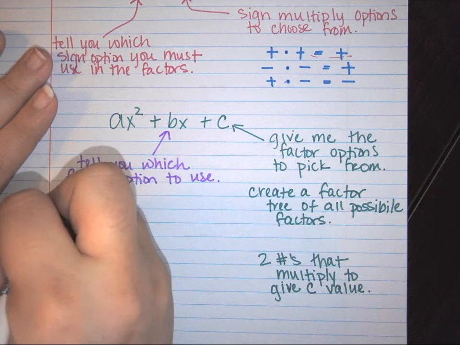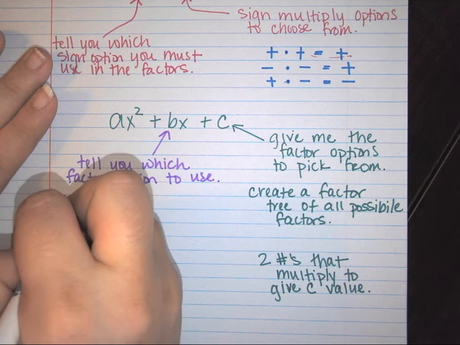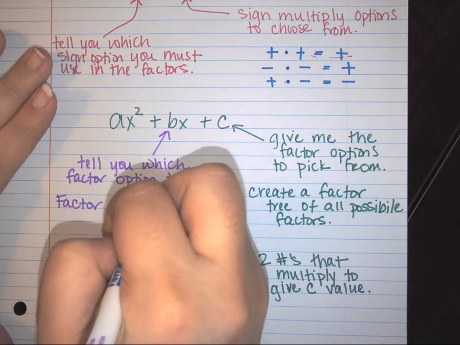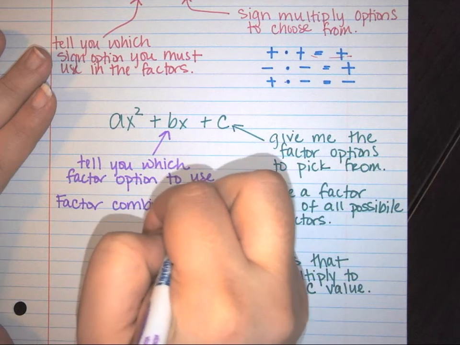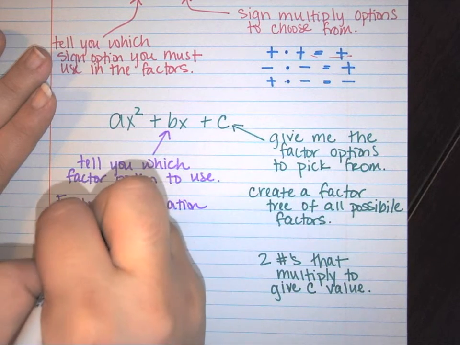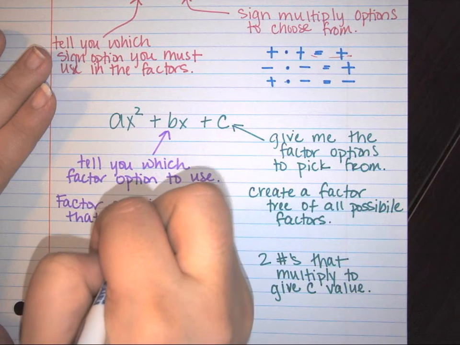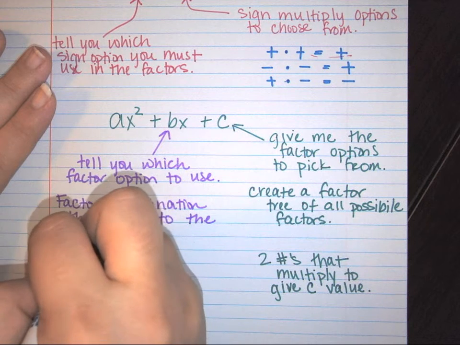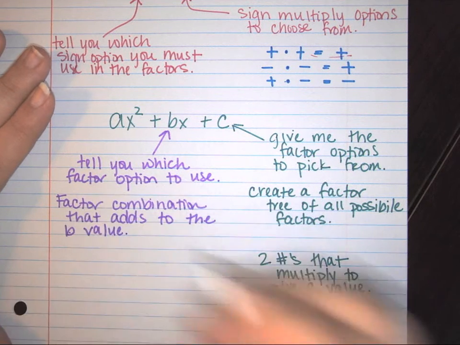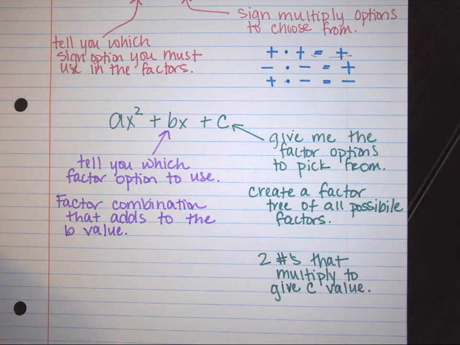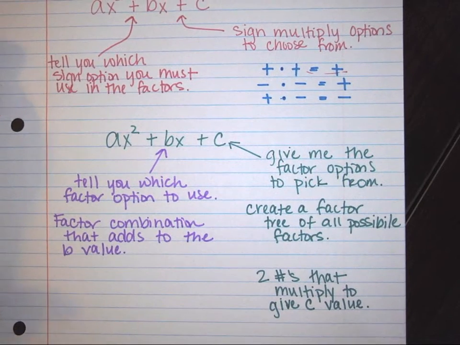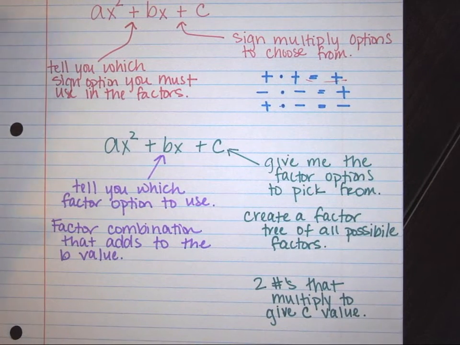In other words, you are looking for a factor combination that adds together to the b value. Okay? And so that's kind of how you are going to break down your trinomials looking at your FOIL idea.